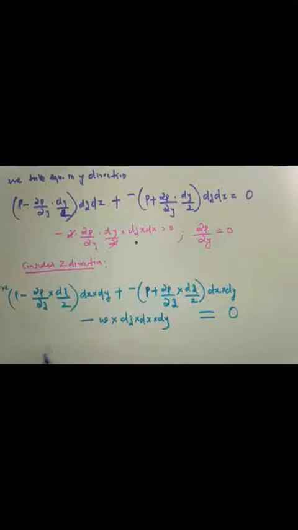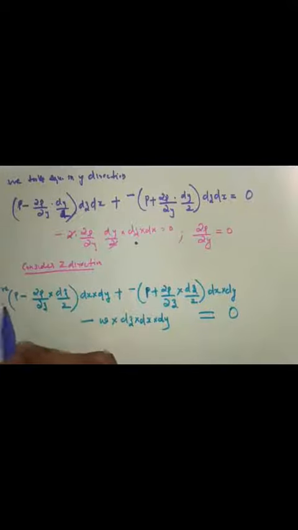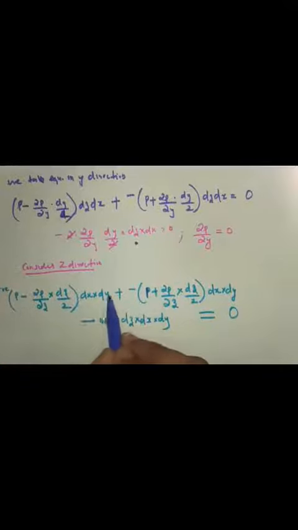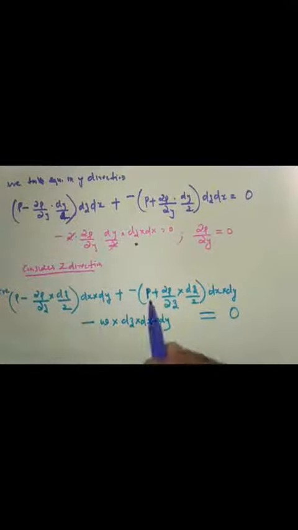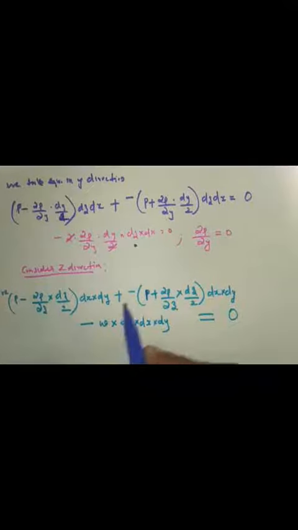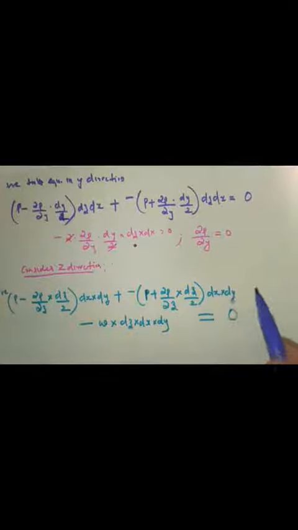Now, the P into dx dy terms: the plus and minus will cancel out and the two minus terms will add up.